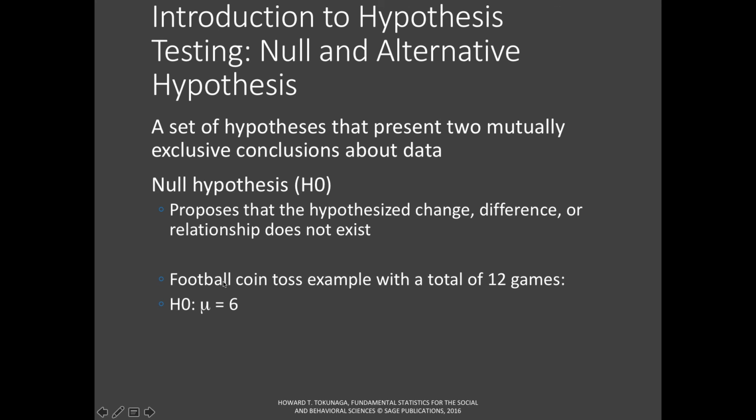So if we were going to toss a coin for football for 12 games, maybe we are saying that out of those 12 games, 6 times it will land on heads. In this case, the null hypothesis is that there is no difference between it landing on heads and landing on tails. So half the time it's going to land on heads and half the time it's going to land on tails.